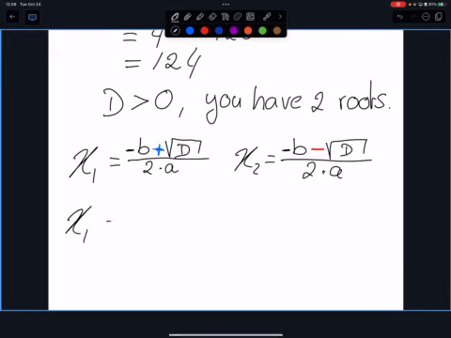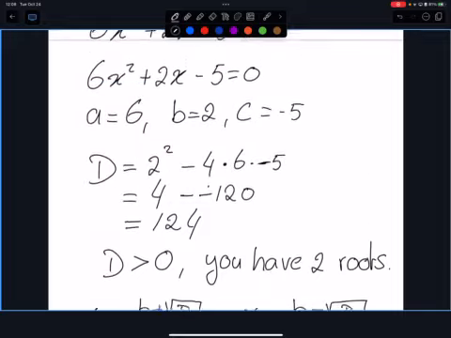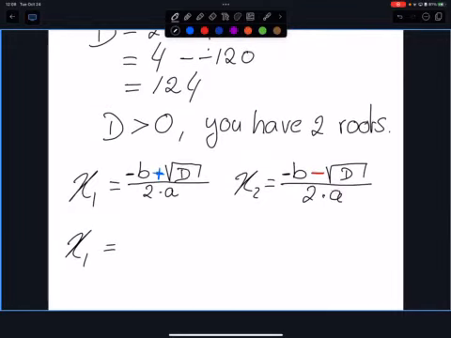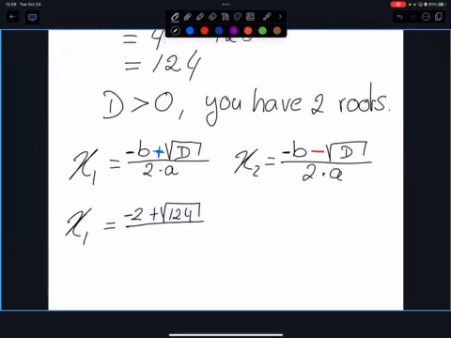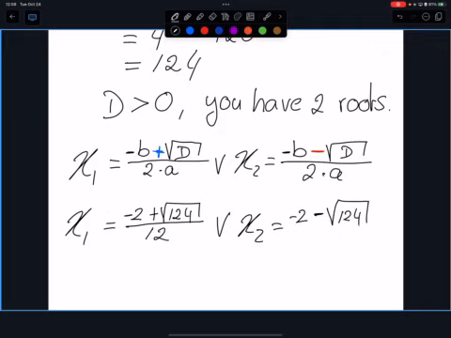So my x1, negative b. What is b? b is 2. So negative b, add the square root of 124, divided by 2 times a. a is 6, so 12. Or, do not forget the or, x2 is negative 2, subtract the square root of the discriminant, divided by 12.